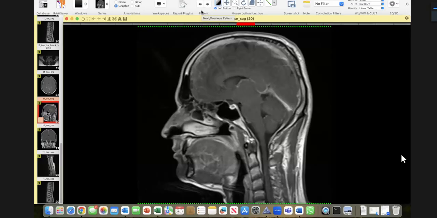So all the time, when you do your practice, the headings which are in your long cases should be in your mind. You start describing the case, and then your interpretation, meaning describe the findings and the interpretation, and reach a differential diagnosis according to the clinical history or age or whatever is there.